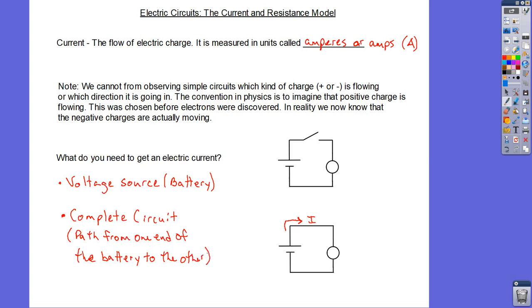Also in there is that we have to have conducting material. So the path has to be metal wires. So we have to have conducting materials there that allow current to flow through. Okay, so that's the basic idea. And the next page will come up pretty soon, I think.